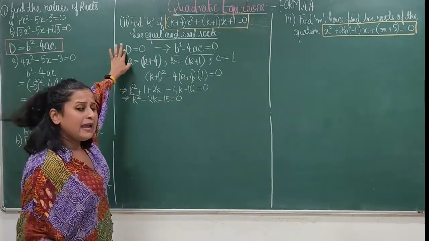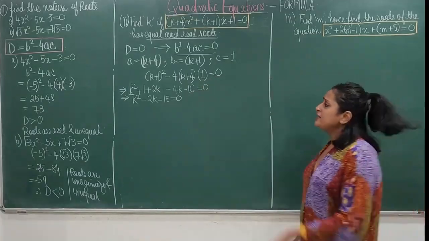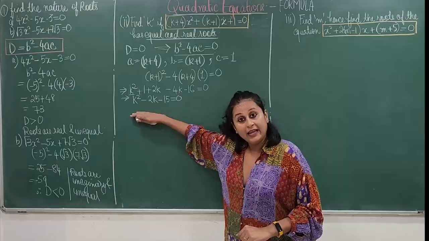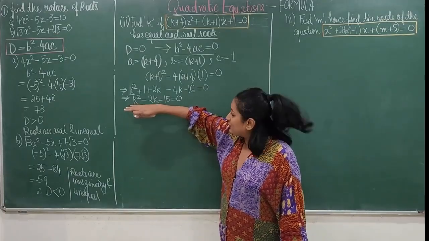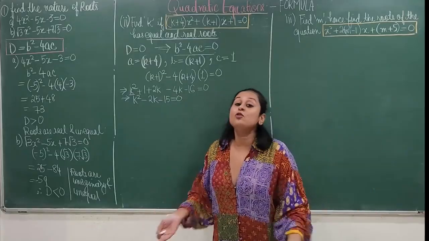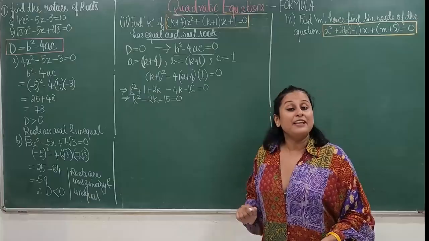Now, by using my discriminant, I have arrived at a fresh quadratic equation in terms of k. Can I find values of k from this quadratic equation? By solving this equation, I can find the value of k because this is a new quadratic equation where k is your variable.